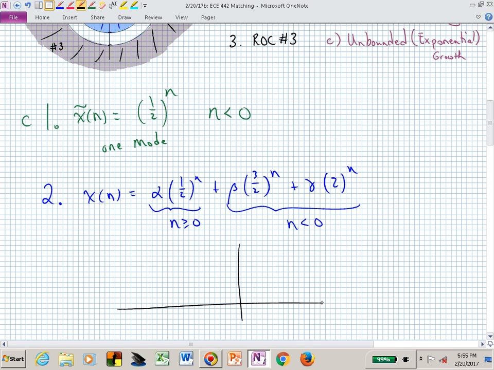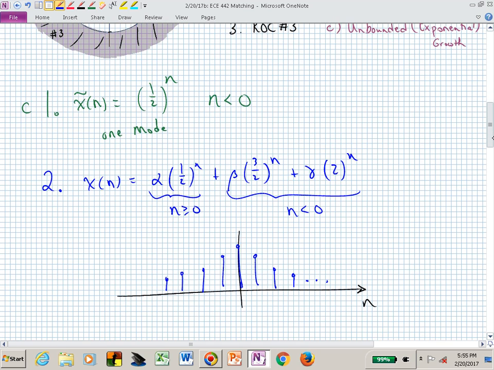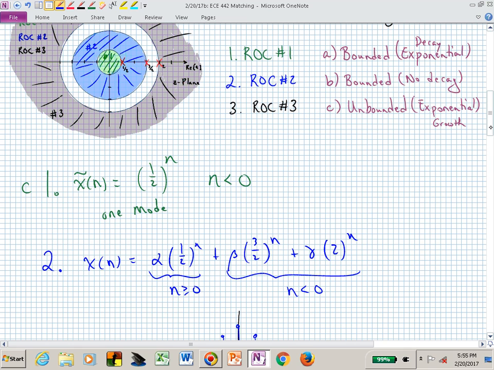As a function of n, let's just say we're doing this for n positive or non-negative, and what's happening for negative n's? You said it was shrinking as well. Now, what's the answer? A, B, or C?